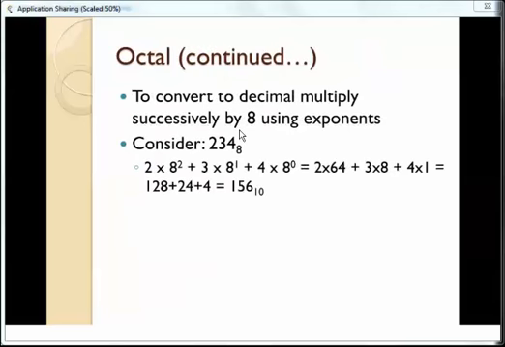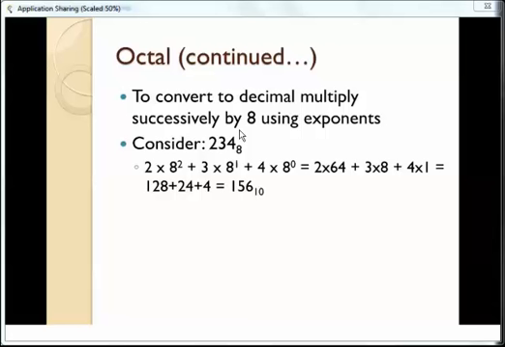Continuing with the octal system, to convert from an octal number to a decimal number, you would multiply successively by 8 and use exponents for the relative position of the digit. So as an example, we would have the number 234 base 8, and we would like to convert that to a decimal equivalent.